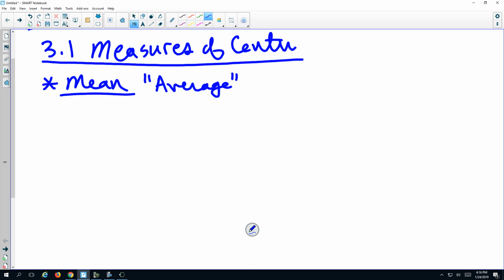We have two means that we want to talk about. One is a parameter, goes with a population. One is a statistic that goes with a sample. Let's do the sample one first.